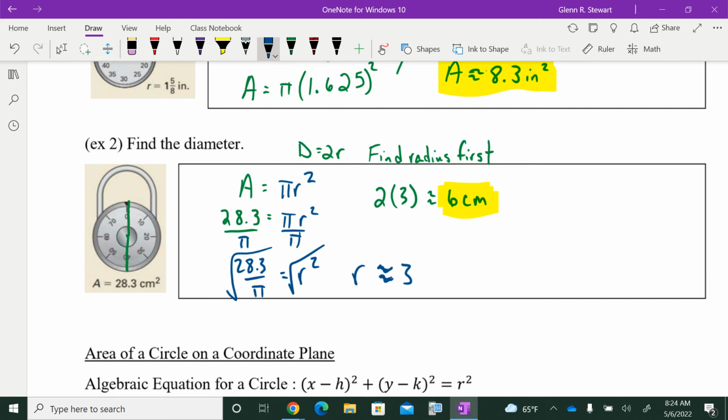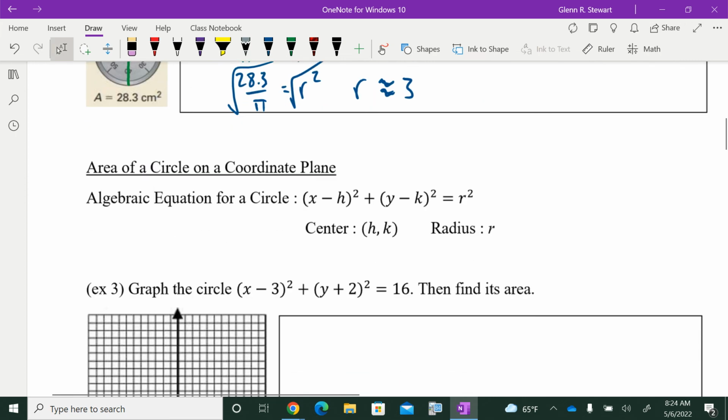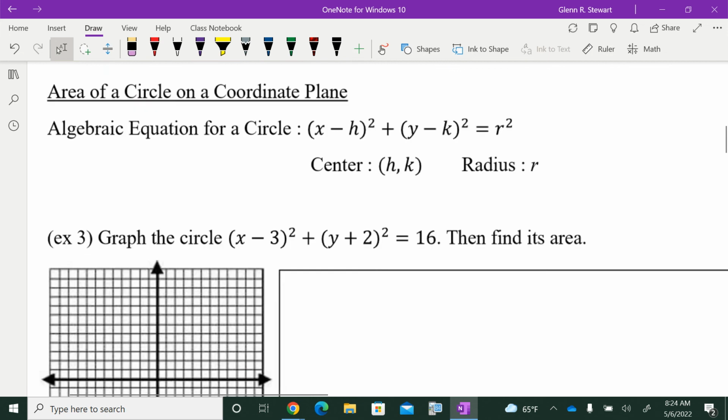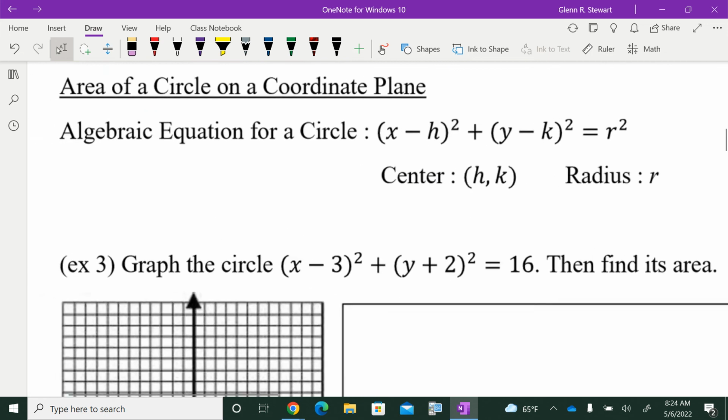All right. Area of a circle on the coordinate plane. This formula will help you determine the area of a circle on a coordinate plane. The h and k are the center of the circle, and r is your radius. Here's an example.